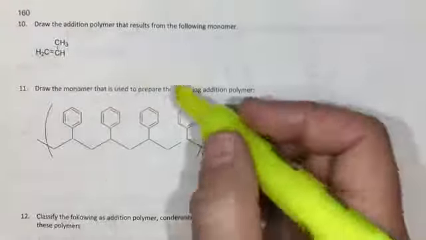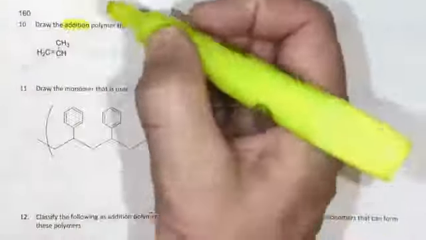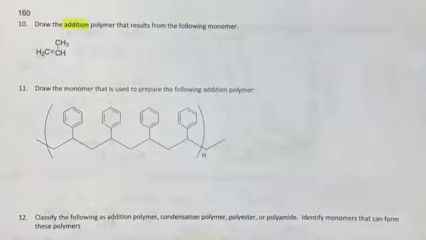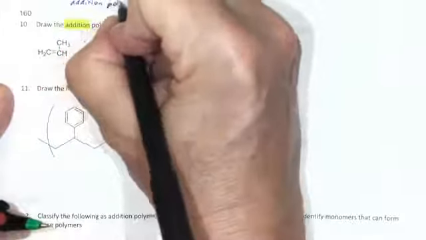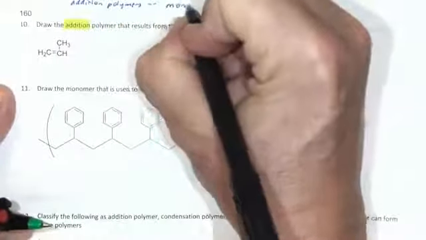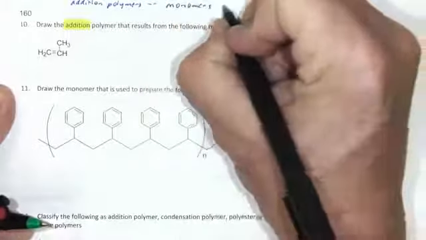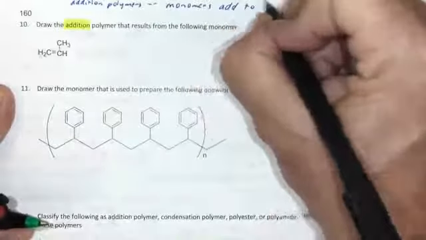Now you need to know what an addition polymer is. In addition polymers, the monomers simply add together without the loss of any atoms.